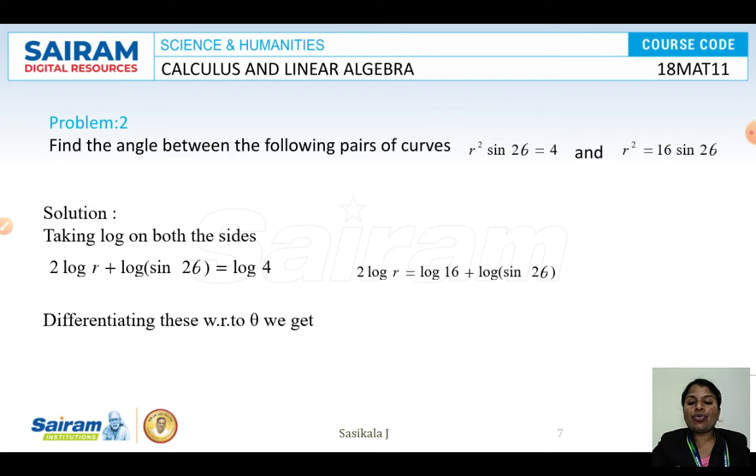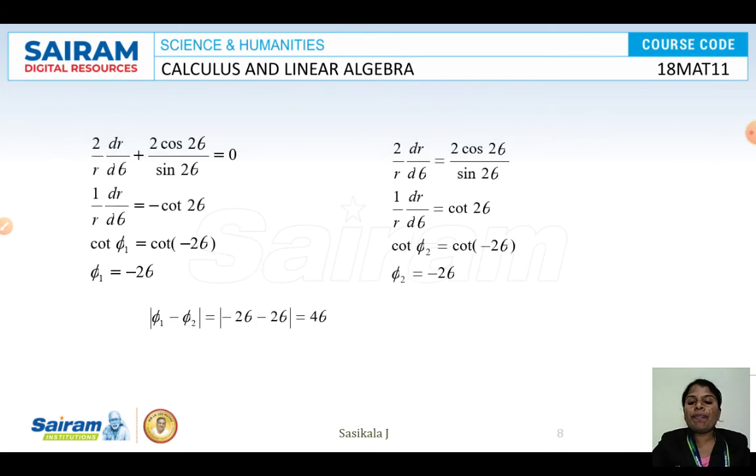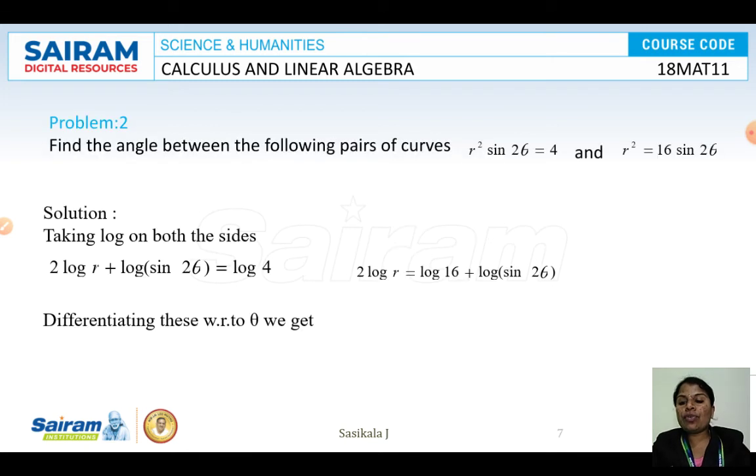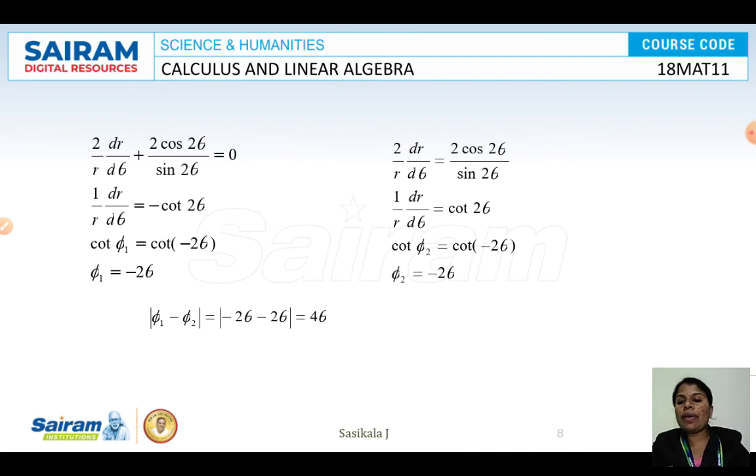Now I can differentiate with respect to theta. So it is 2 into, what is 2 log r? 2 into log r differentiation will be 1 by r dr by d theta, plus log of sine 2 theta differentiation is 1 by sine 2 theta, then sine differentiation is cos, and 2 theta will give 2.